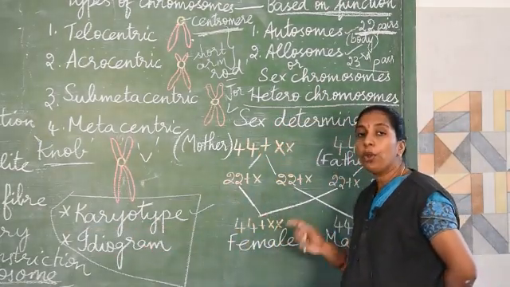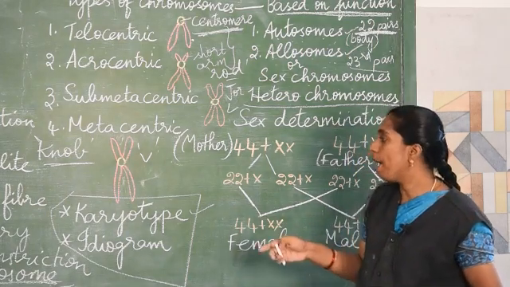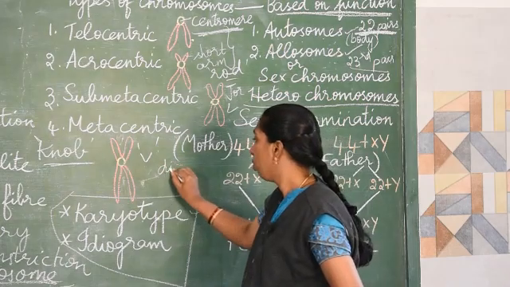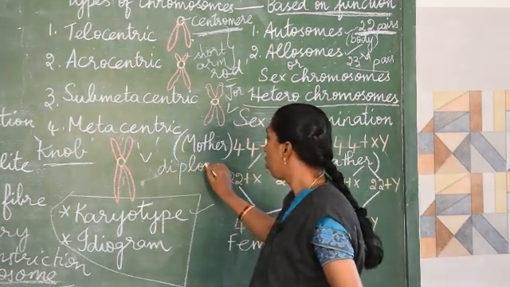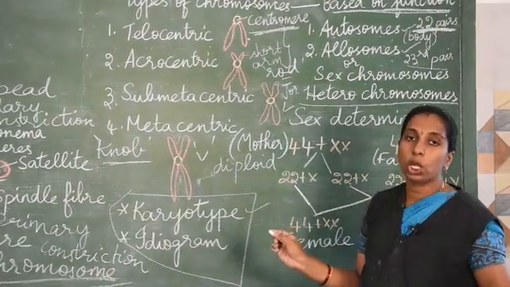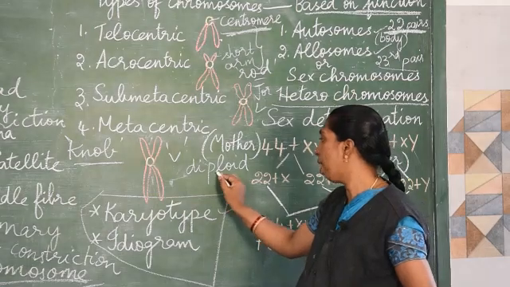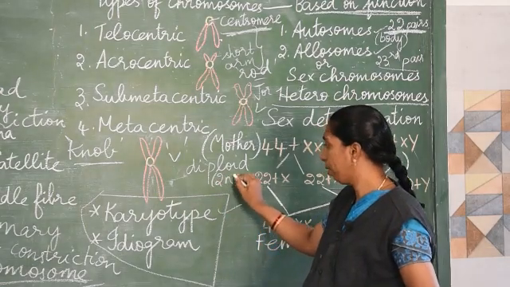Now, human beings normally have a diploid number of chromosomes. Diploid means two sets of chromosomes, and it can be represented as 2n.